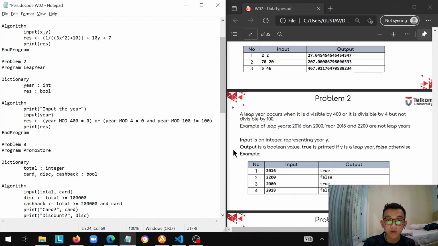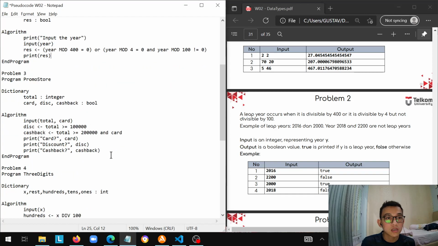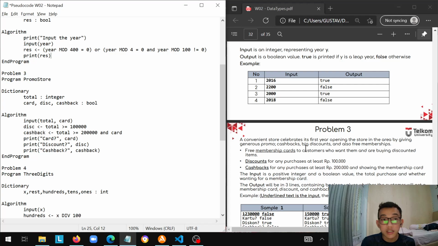Little mistake there. Anyway, not divisible by 100. And then you print out the result, true or false, because the result here is a boolean. And that ends the program. Quick and simple. Let's jump to the next problem.